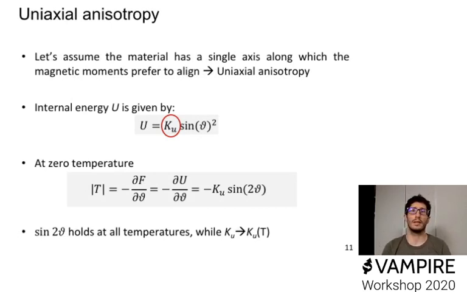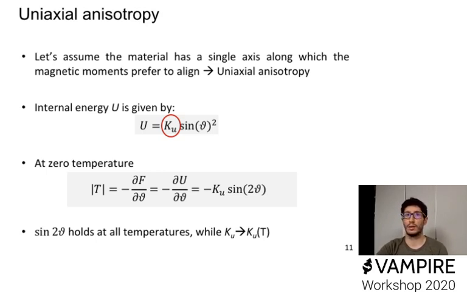Let's consider the first case, and this is the simplest of the cases that we can think of. It's a uniaxial anisotropy system, which means the magnetization aligns preferentially along a single axis, which you can call the easy axis, and the internal energy of the system will then follow a sine squared relationship where this K_u factor in front of it will be our anisotropy energy.